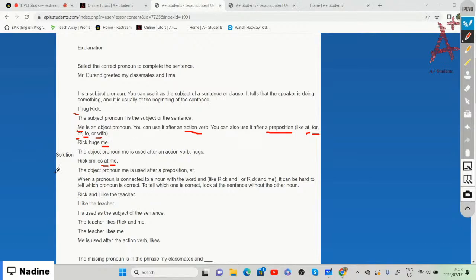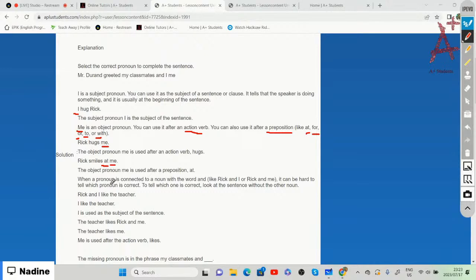All right, so here it also says that when a pronoun is connected to a noun with the word and, like for example, Rick and I, or Rick and me, it can be hard to tell which pronoun is being used.